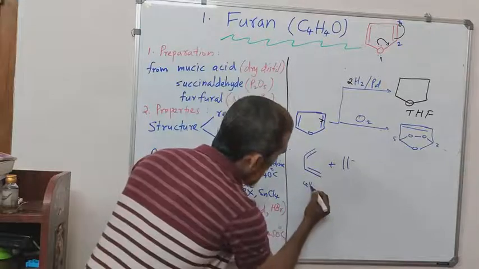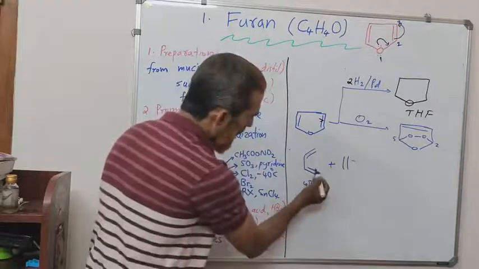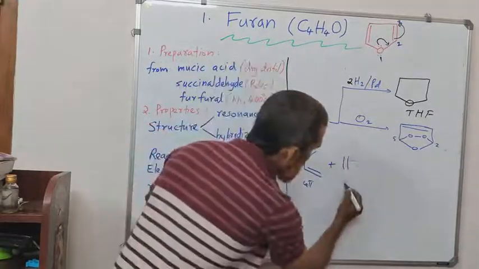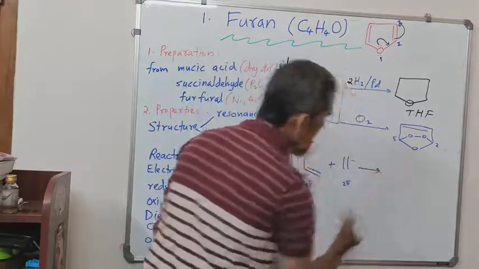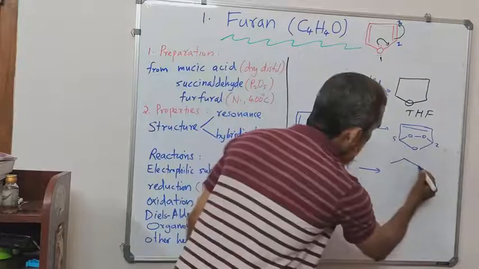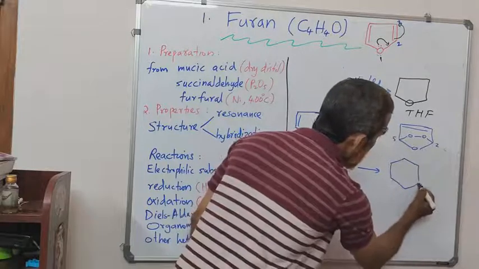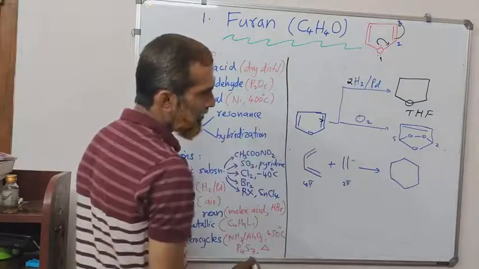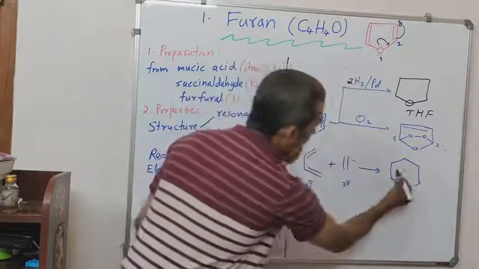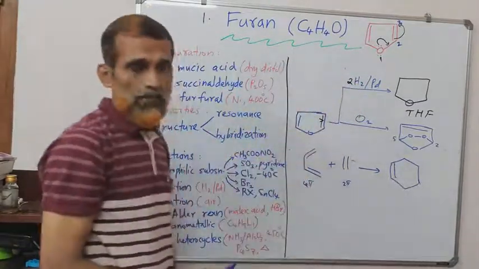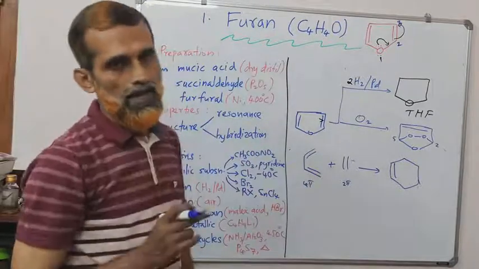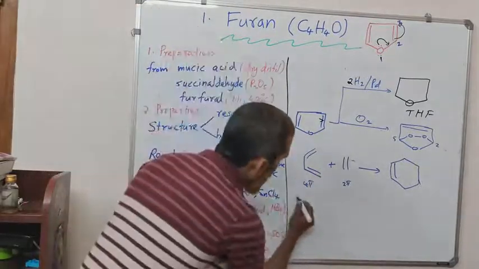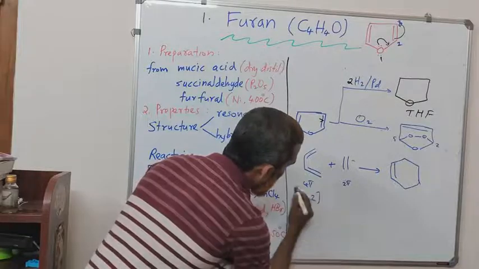This is a 4 pi system, there are 4 pi electrons. This is a 2 pi system. So this undergoes ring closure, forming a 6-membered ring, and there will be a double bond here. You get cyclohexene. This reaction is known as the Diels-Alder reaction.